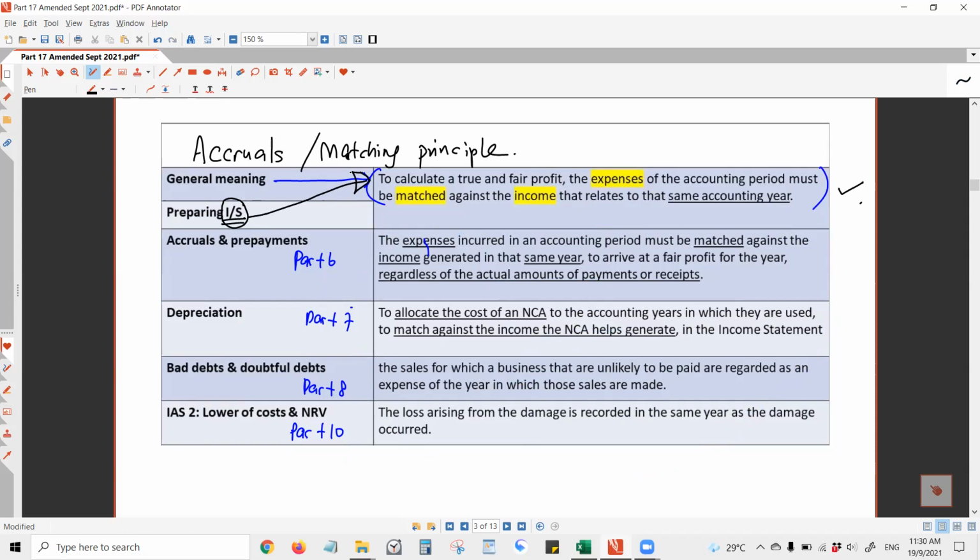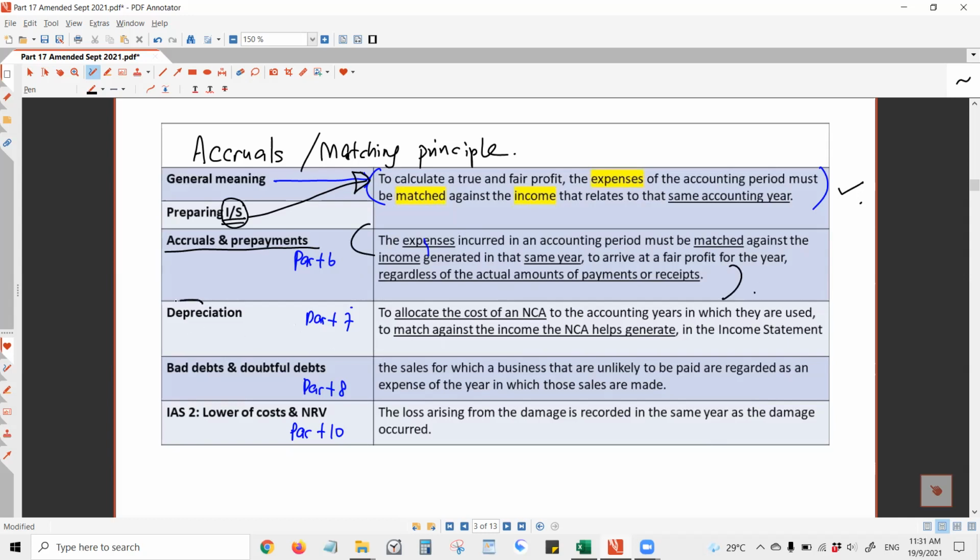If they ask you how is preparing income statement an application of matching principle, then you give them this line as the answer. And if they ask you how are accruals and prepayments an application of accrual principle, then your answer would be this. Then the rest you know how to apply.